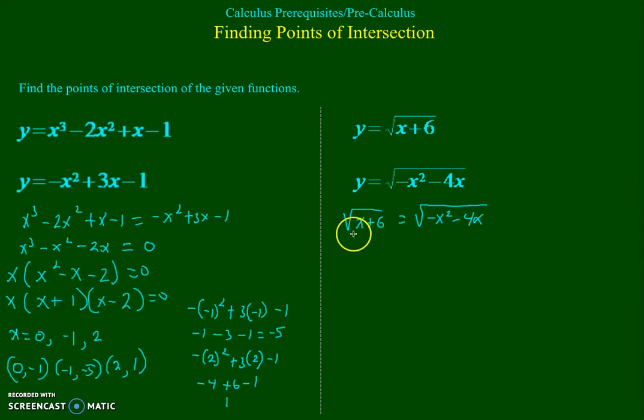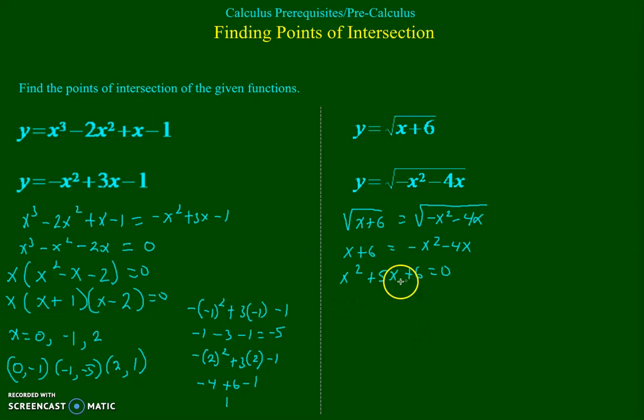Now in this case, to get rid of these square roots, we're going to square both sides. So that gives us x plus 6 equals negative x squared minus 4x. Let's pull all the terms over to this side because this is a negative x squared here. So that gives us x squared. When we add 4x plus x is plus 5x plus 6, and that equals 0.